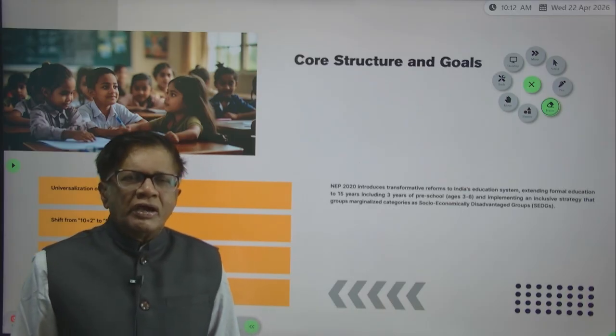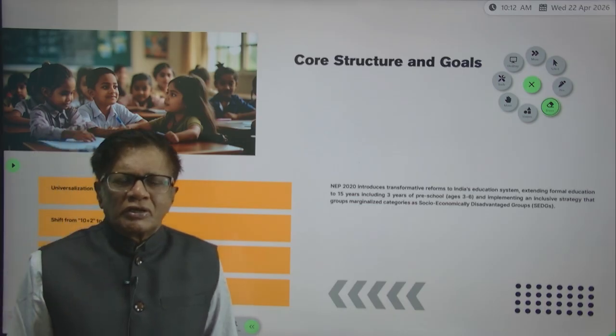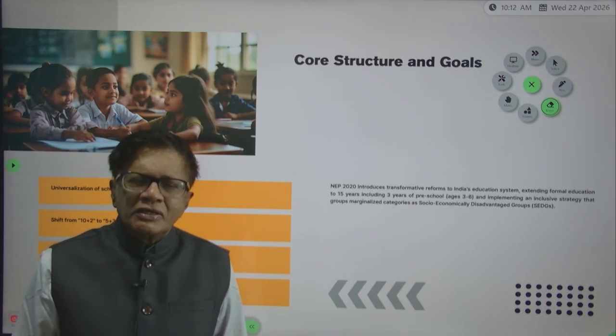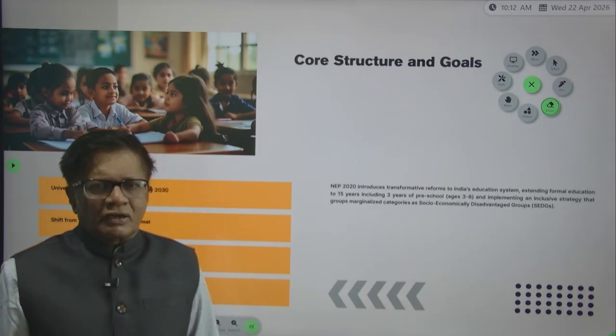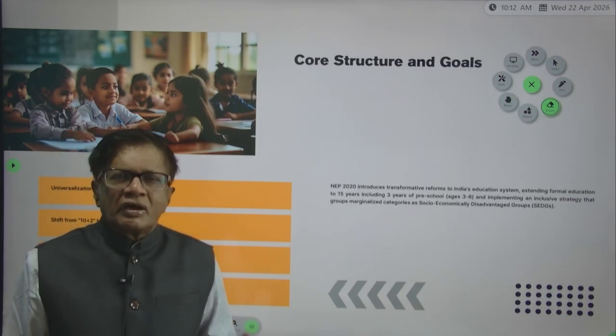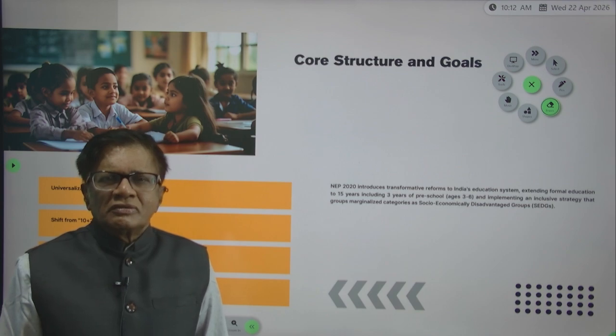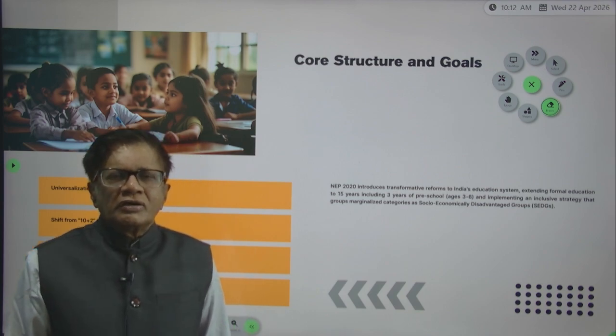Now, when you're talking about school education, there are certain bodies who are managing the school education across India. Number one is the Kendriya Vidyalaya Sangathan, KVS, which manages the central schools across the country.